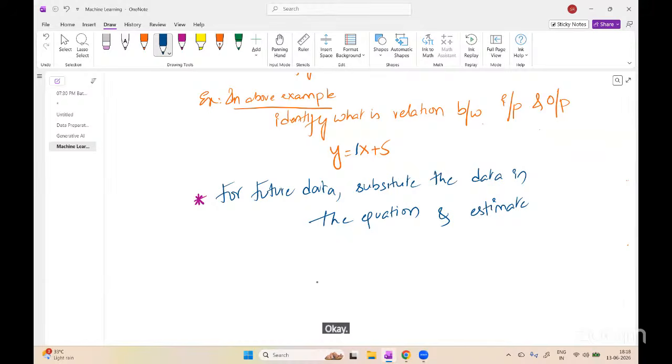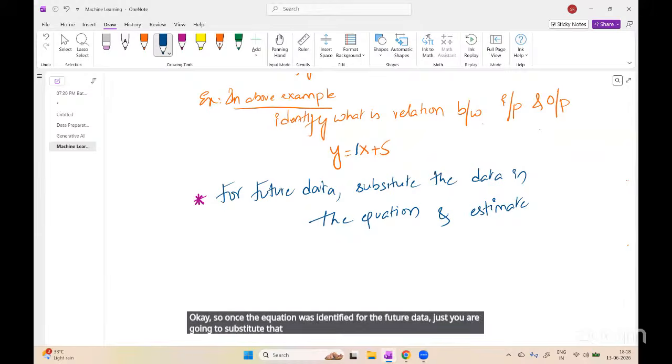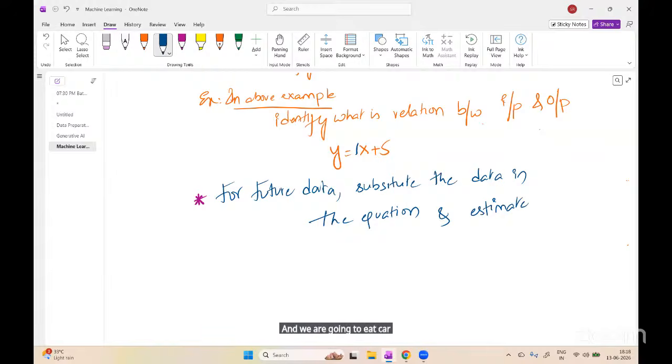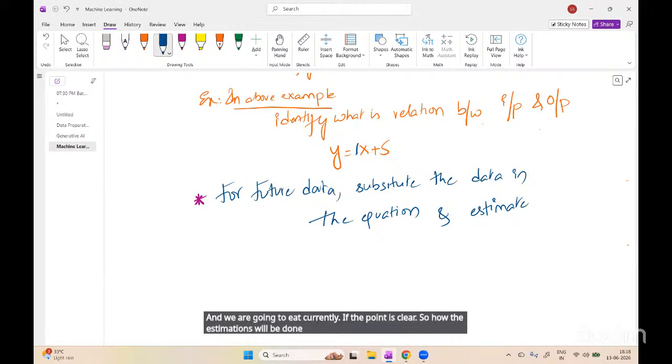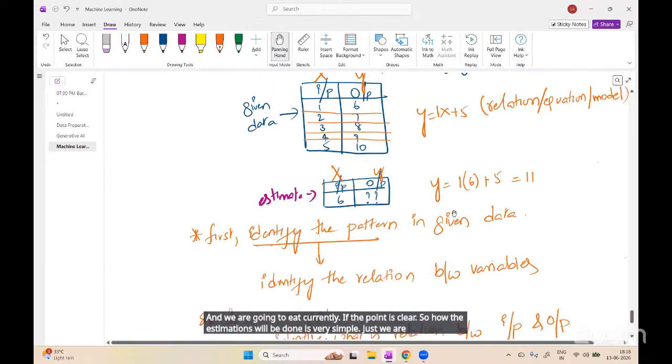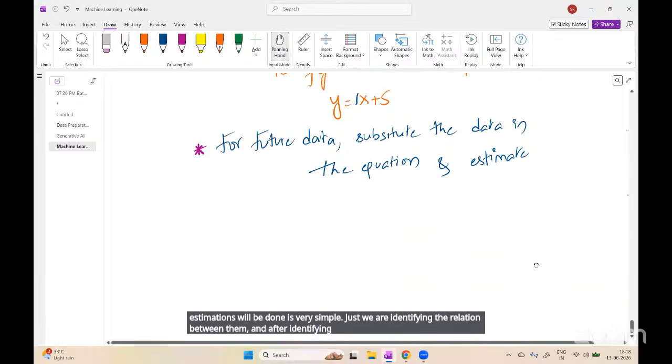Once the equation is identified, for the future data you just substitute and calculate. Is the point clear? How the estimation is done is very simple. We identify the relation between them, and after identifying the relation, we just substitute.